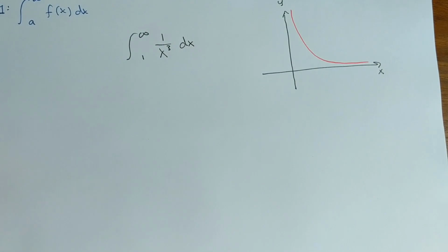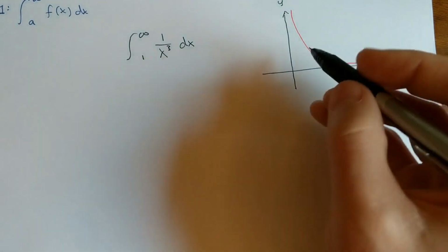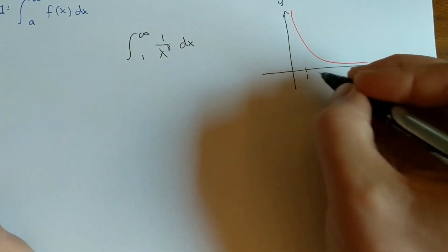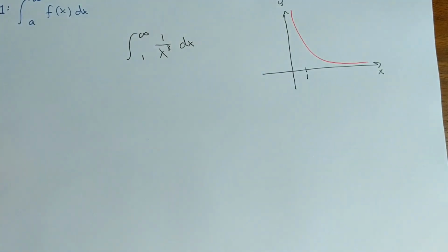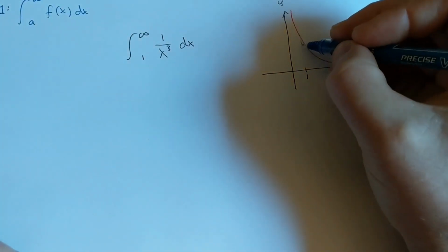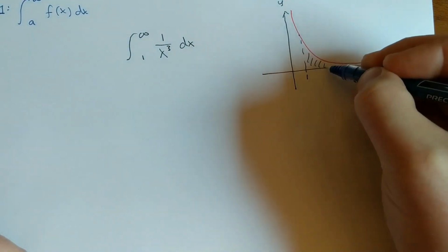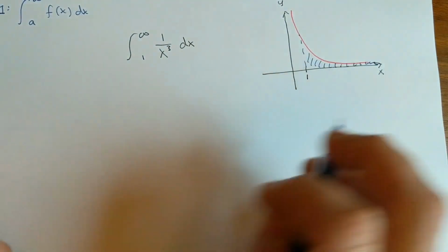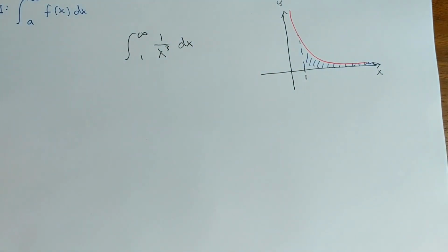And so we have a chance here of actually getting a finite value because 1's here and then infinity is out here. So the only question is, is this thing getting small enough, fast enough as we go to positive infinity in order for us to get an actual finite value for this integral? So let's see. Let's use this definition and see what we get.